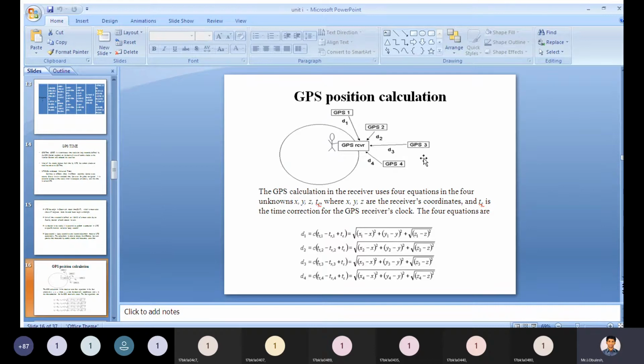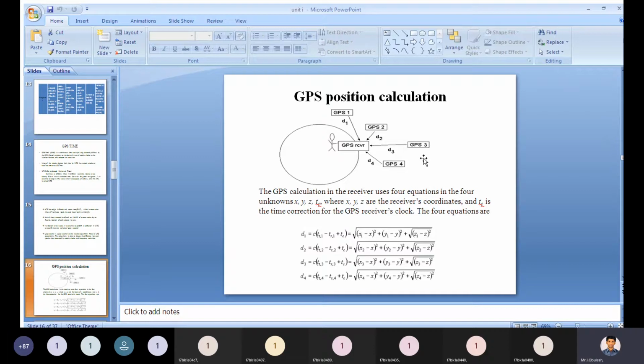Now let us assume that you want to send GPS 1 data from the GPS 1 satellite to the GPS receiver. The data should travel a distance D1 from GPS 1 to the GPS receiver.